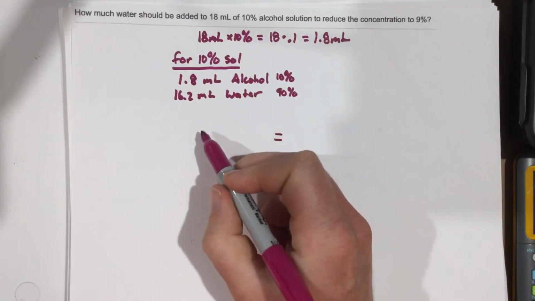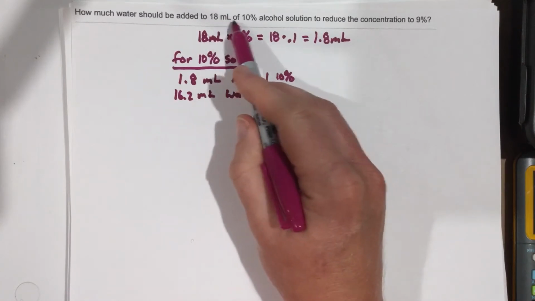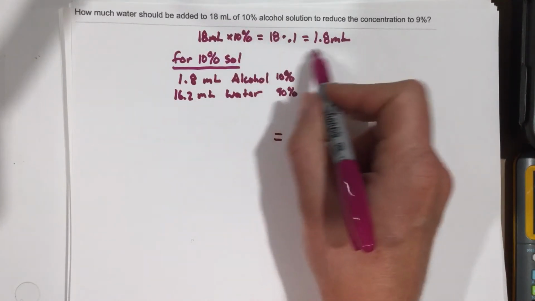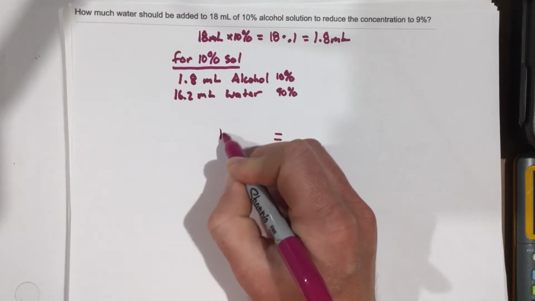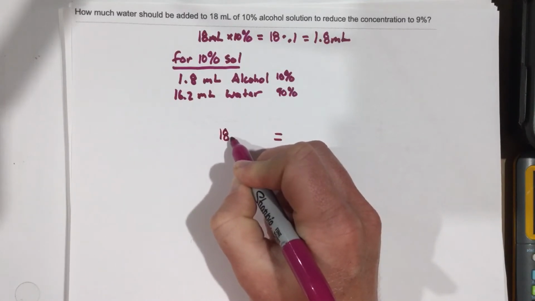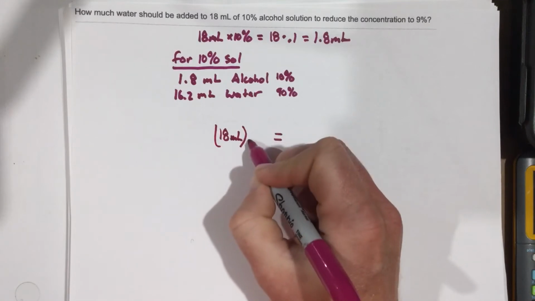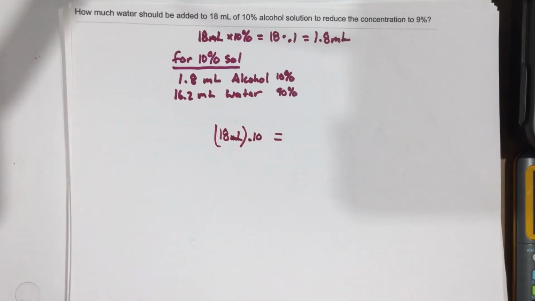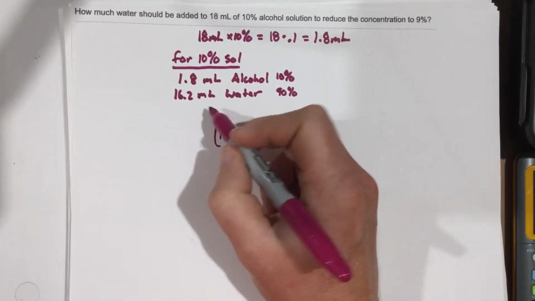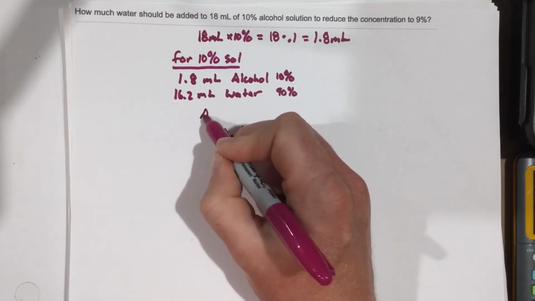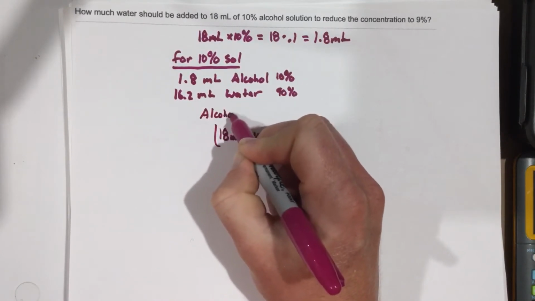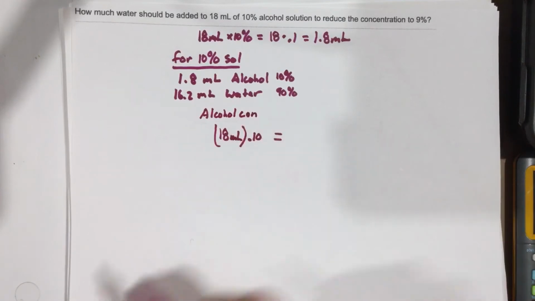On one side, we're going to multiply 18 milliliters times 10%, which we already did up here. So we're going to say 18 ml, and I'm going to take that times 0.10. And this is the alcohol concentration.